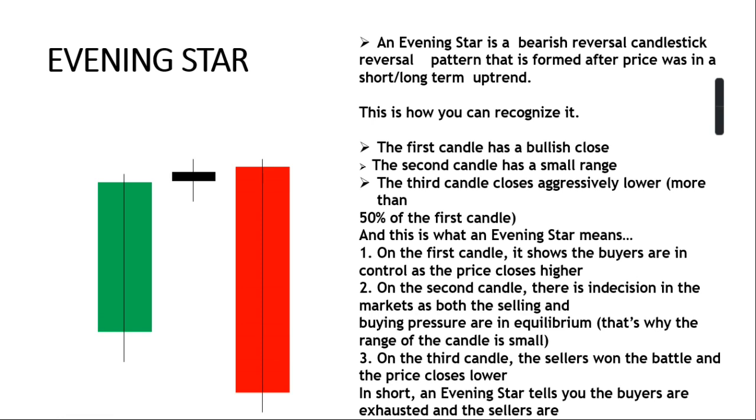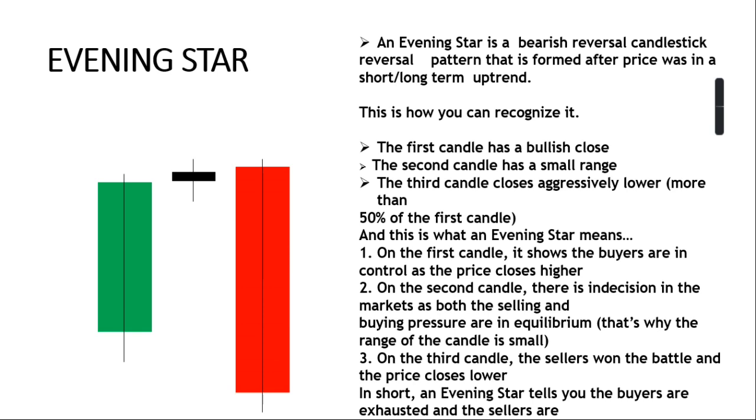So the first candle, of course, is bullish, then followed by a doji candle, which is an indecisive candle, and then followed by a bearish candle, which closes more than 50% of the first candle. Okay, so this one shows bearish pressure. You want to find this kind of candle at resistance or at a trend line.